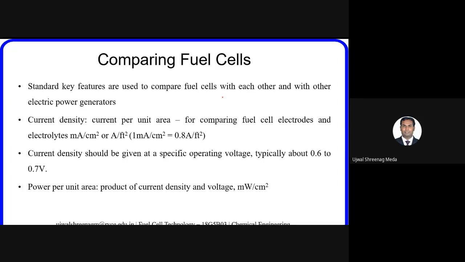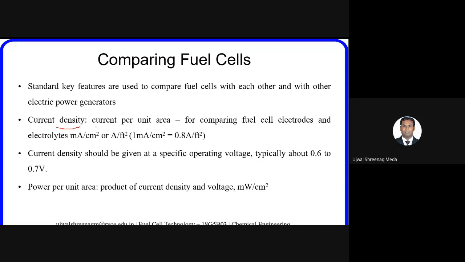One such parameter is current density. Here it is current per unit area. So what is this unit area we are talking about?